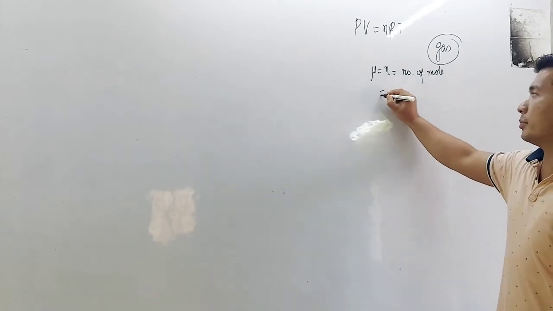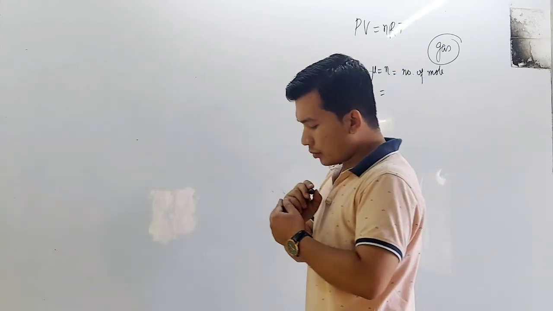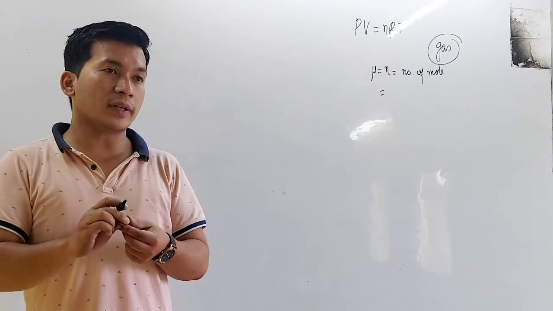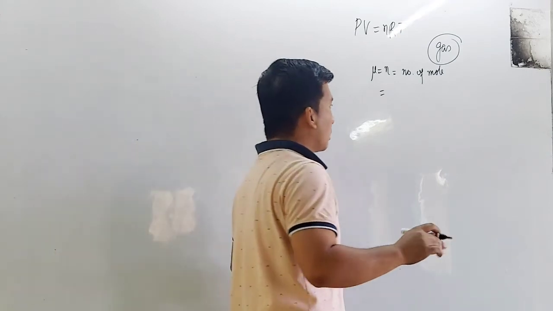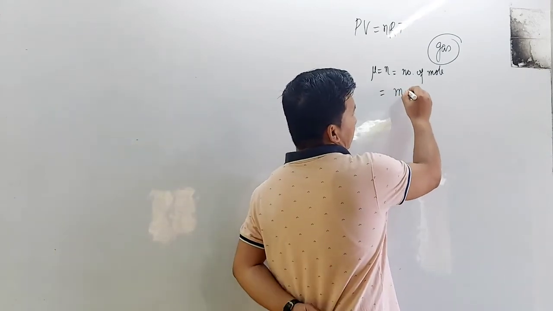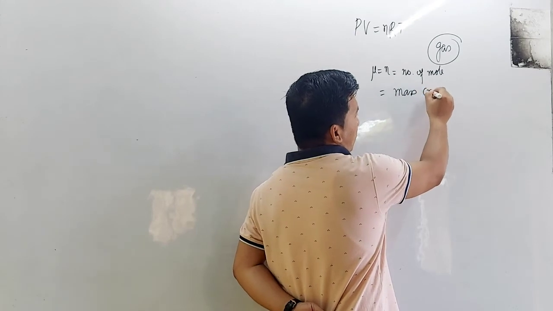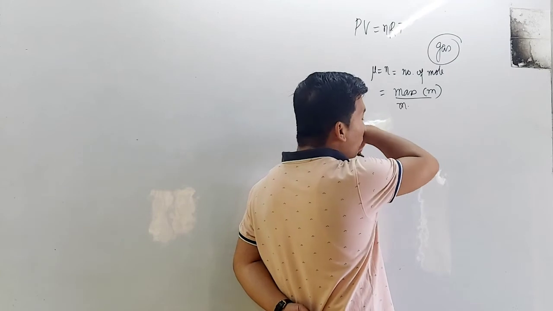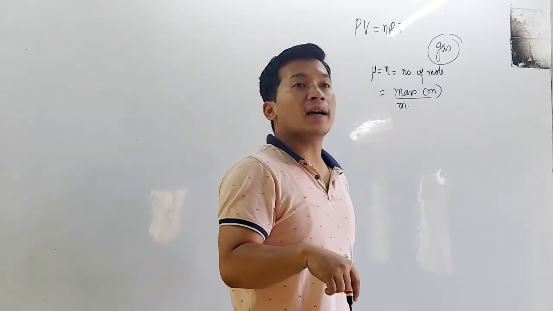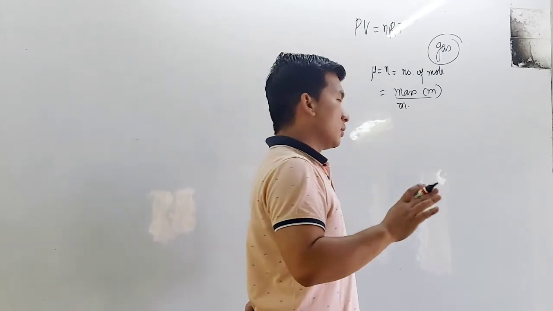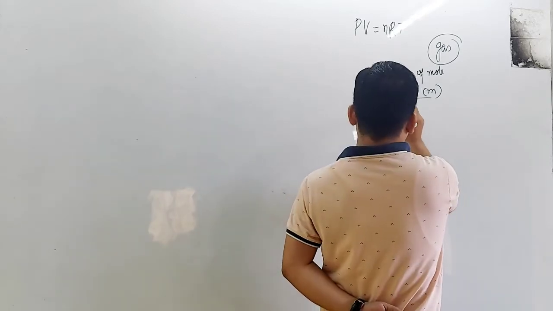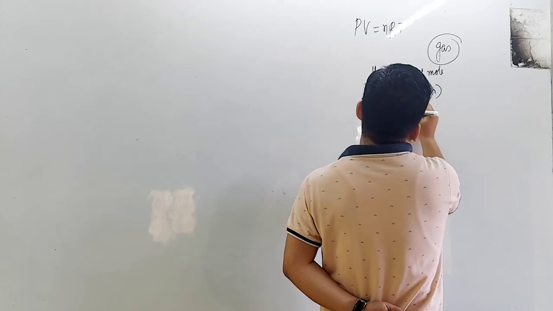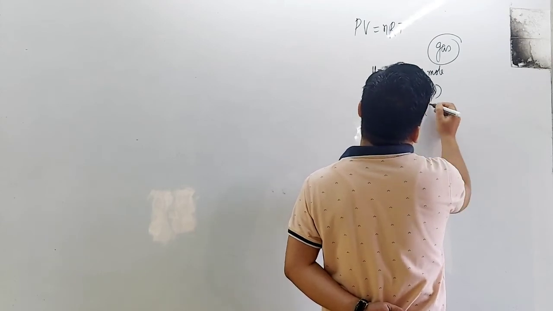What will be the expression for the number of moles? How to find out the number of moles? It is mass m divided by molecular weight, the gram molecular weight, or gram equivalent, or gram molecular weight MW.